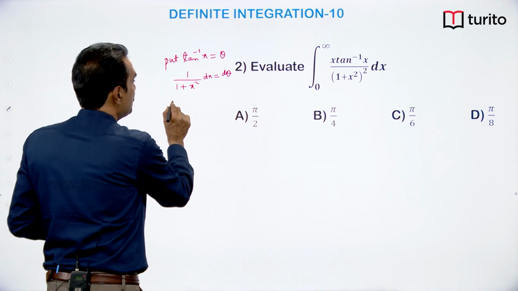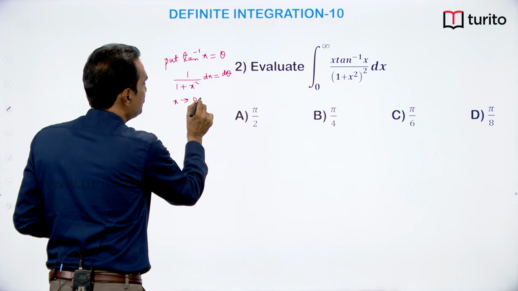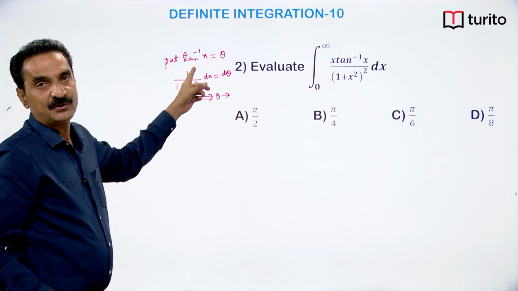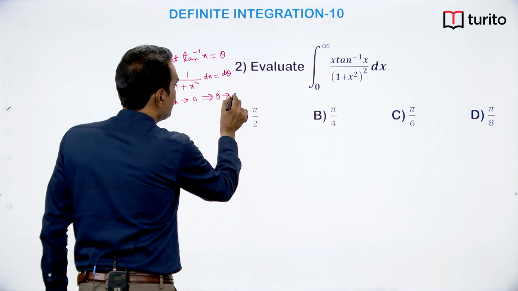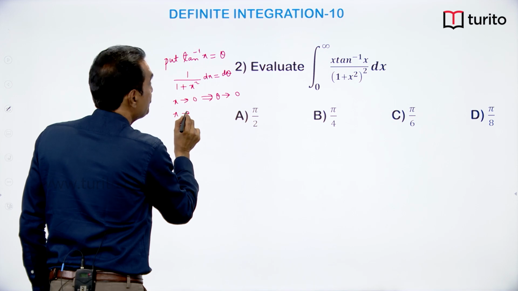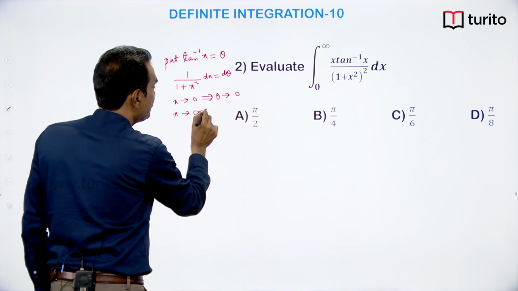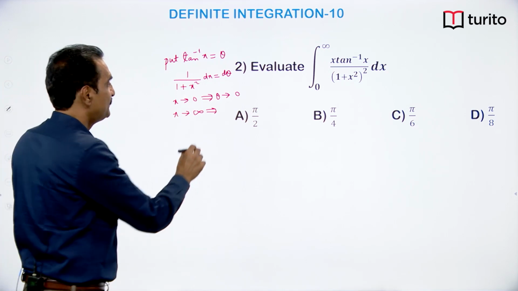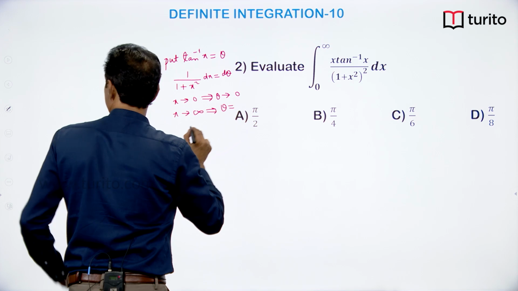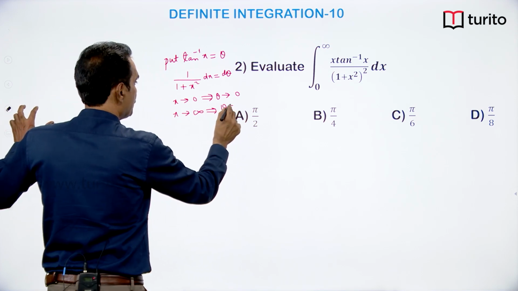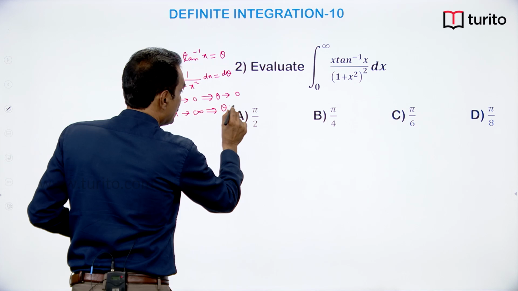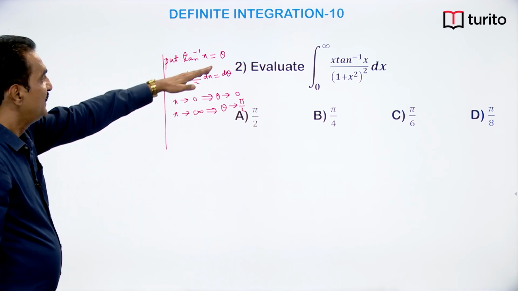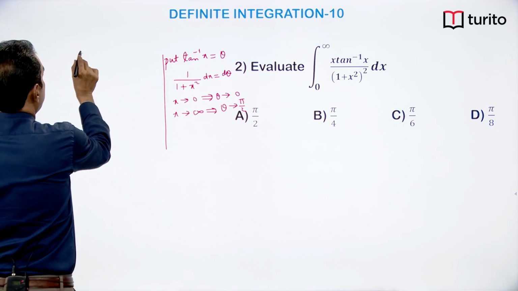If x is tending to 0, theta tends to what? If x tends to 0, theta tends to 0. If x tends to infinity, what is the limit of tan inverse infinity? It is pi by 2. Theta tends to pi by 2.